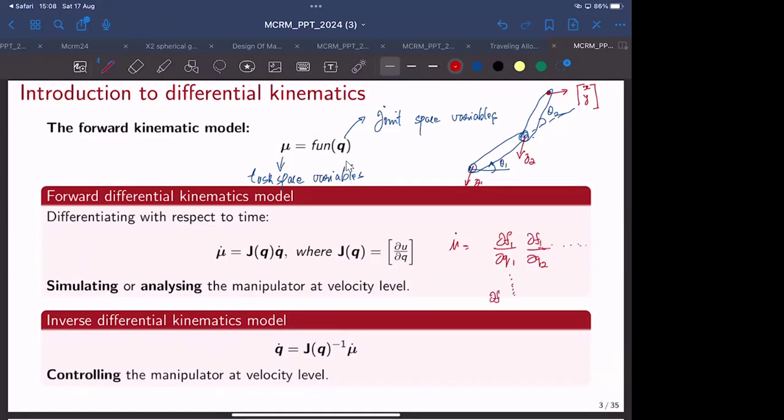It's also the same column-wise, dou fn by dou q1, all the way to dou fn by dou qn.